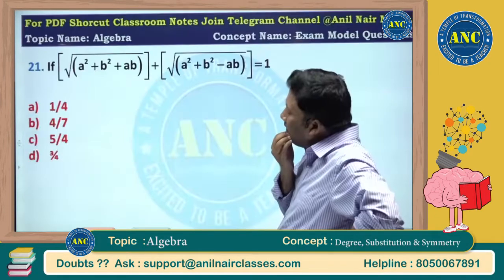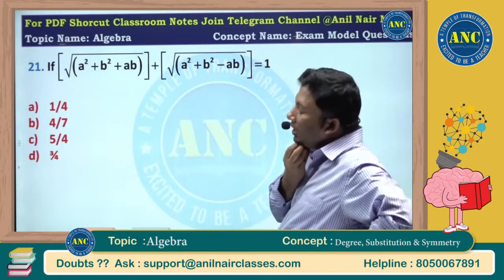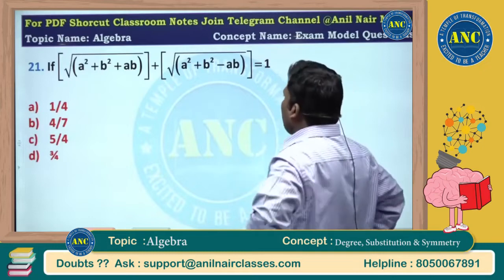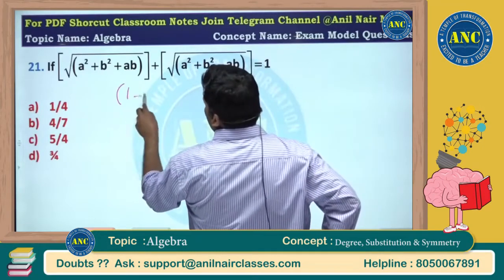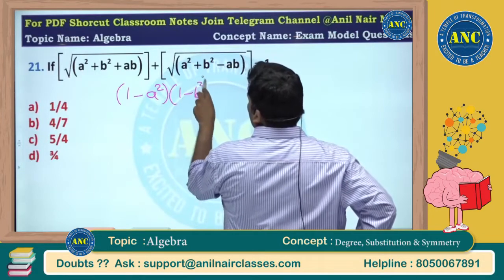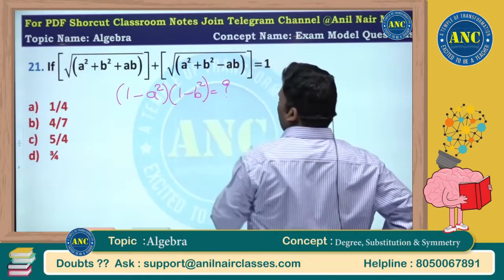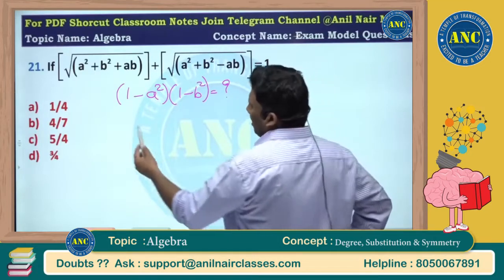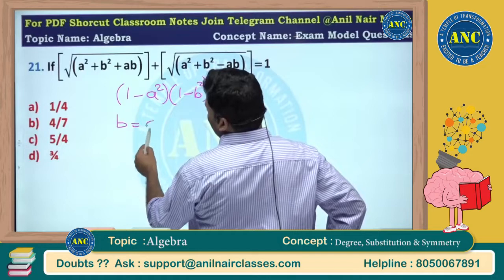Similarly here also, exam based question. Root of a square plus b square plus ab plus root of a square plus b square minus ab equivalent to 1. We have to find out 1 minus a square into 1 minus b square. Simple equation, make one variable 0.